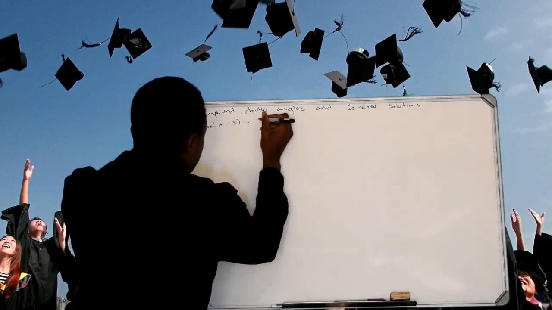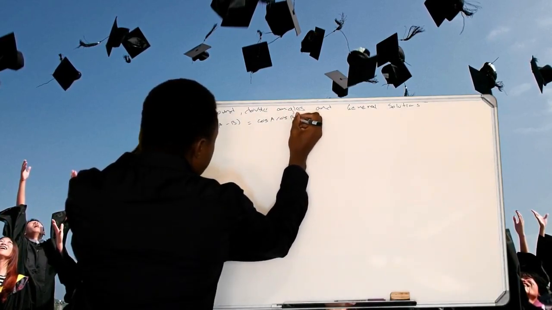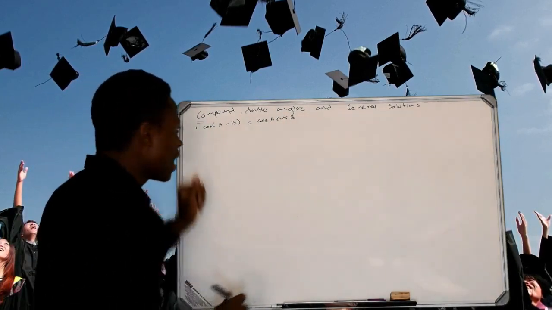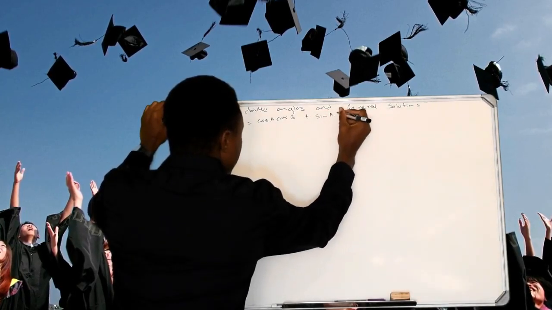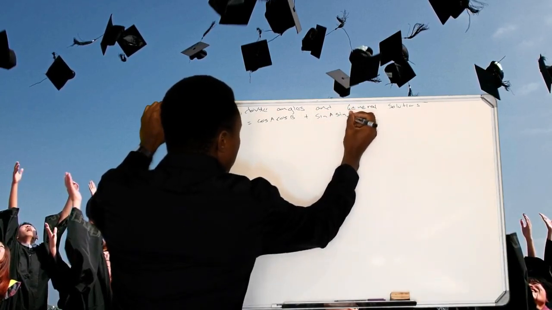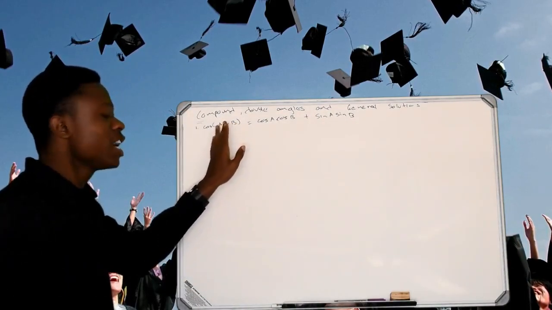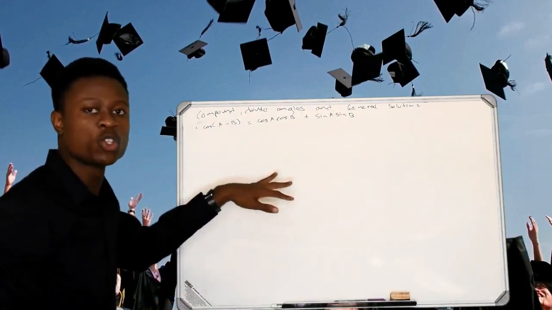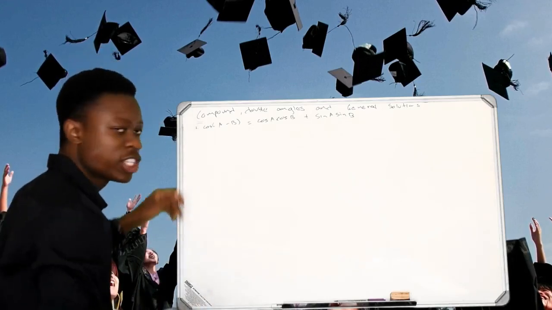It becomes cos A cos B, and then the sign in between changes to plus sine A sine B. So what changes here? The sign in between, for cos A minus B it's a negative, but when you spread it out it becomes plus.